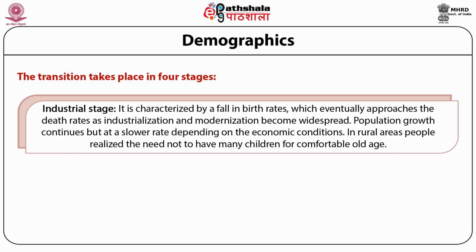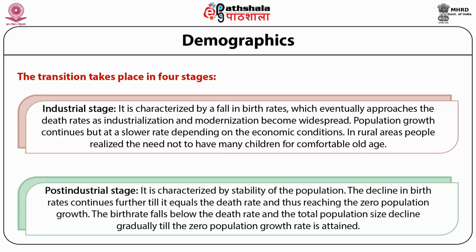The fourth is the post-industrial stage. This is characterized by stability of the population. The decline in birth rates continues further till it equals the death rate and thus reaching zero population growth.